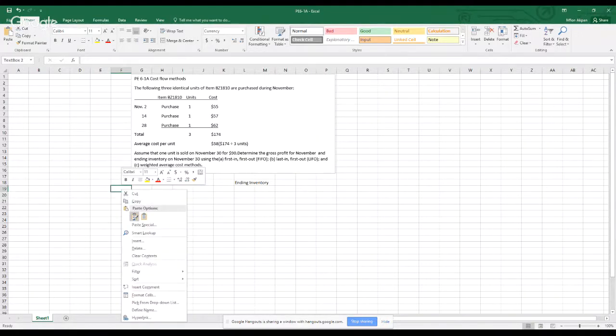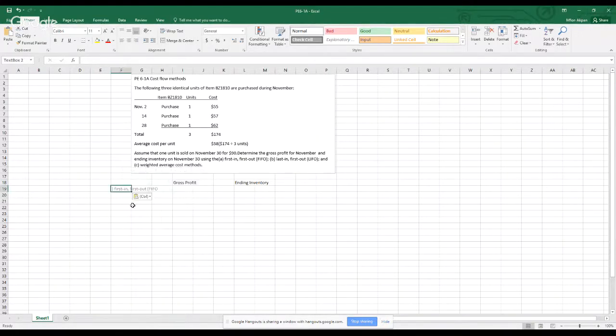So let's just paste it there. First in, first out. So FIFO. And then we've got the next one is LIFO, last in, first out. It's probably faster for me to type it. Let's see here. We got it. We're rocking and rolling.